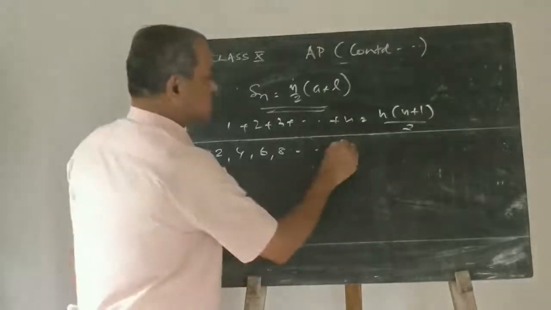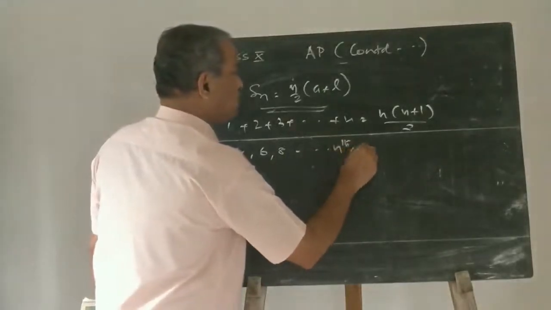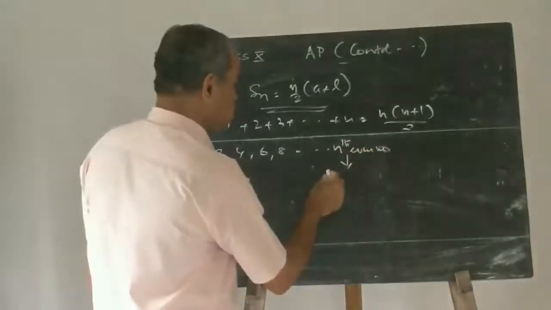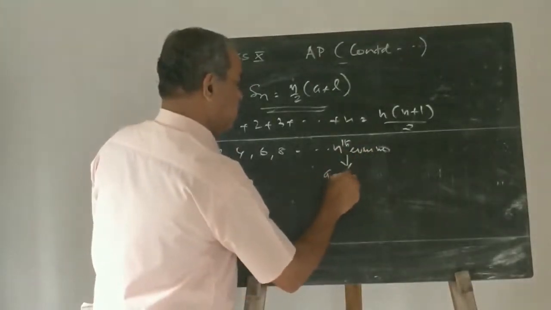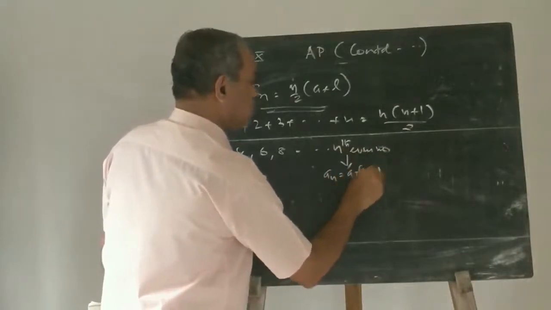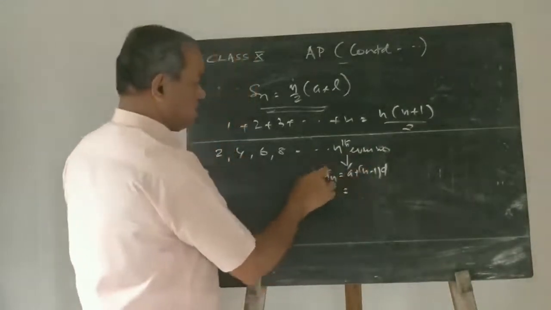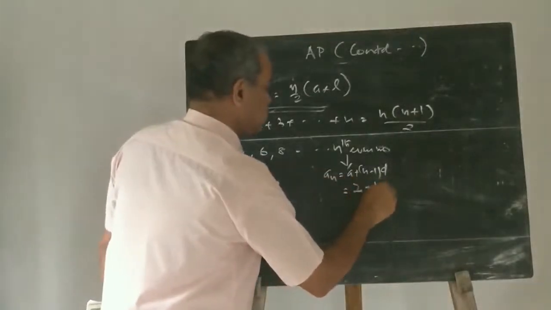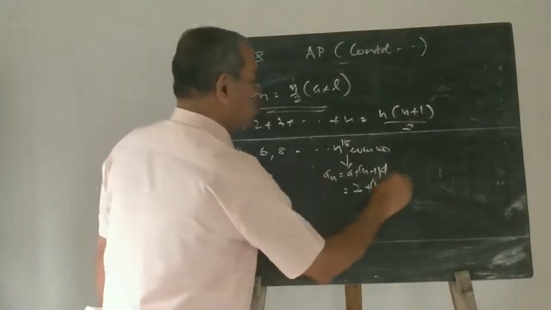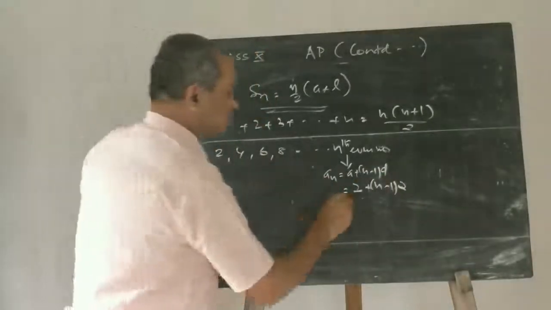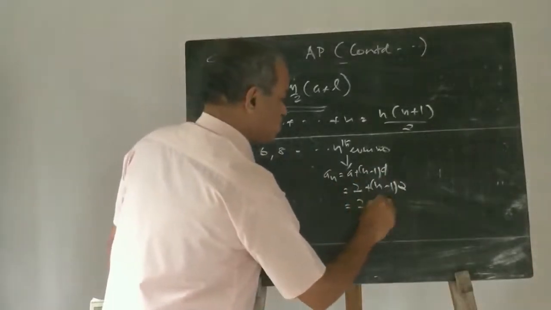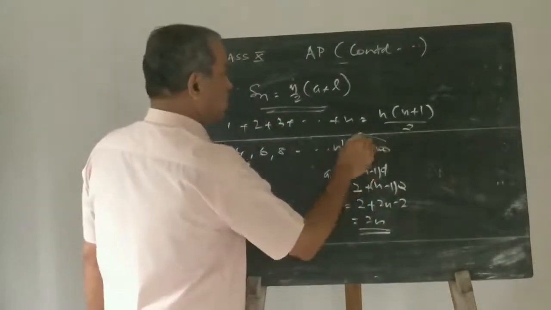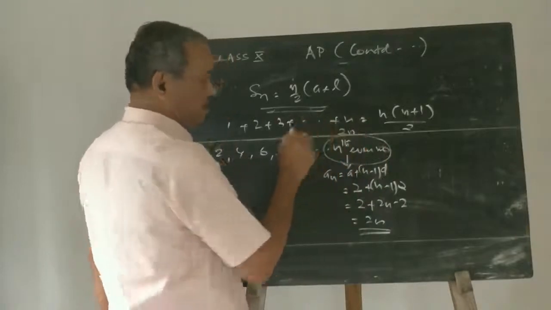The nth term is a_n equal to a plus (n minus 1) into d. Here a is 2, and d equals 4 minus 2, which is 2. So 2 plus (n minus 1) into 2 equals 2 plus 2n minus 2, equal to 2n. The nth even number is 2n.